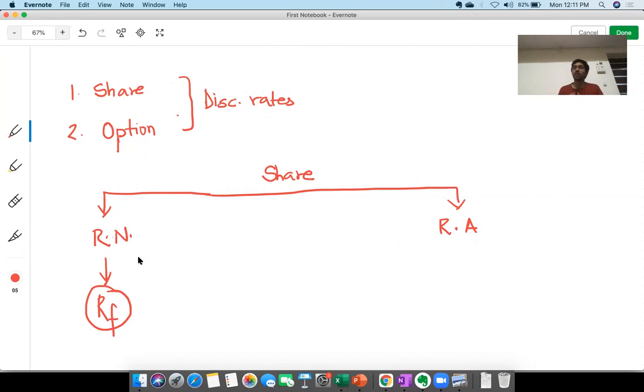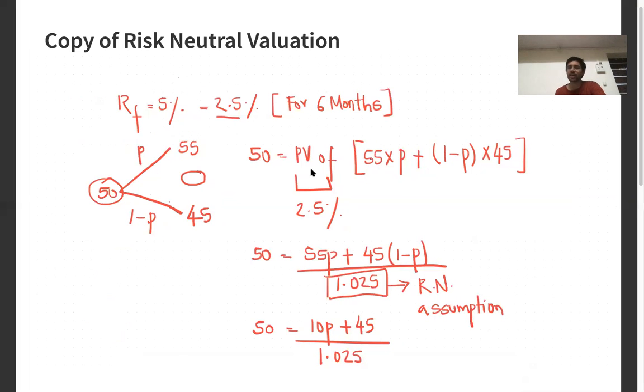Okay, when a risk-neutral investor enters the share market to buy a share, his required rate of return is actually the risk-free rate, and that is the reason we have used the risk-free rate over here, because we have assumed that the person valuing the option is a risk-neutral investor, right? So he needs the expected sale proceeds. His required rate of return on this share is actually 2.5%. That is the reason we have used 1.025 as the discount rate.